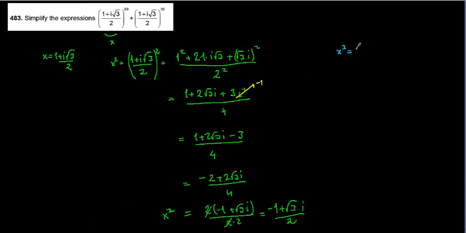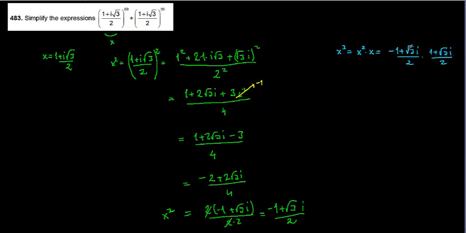What is x cubed? x cubed is equal to x squared times x, which is equal to (minus 1 plus √3 i)/2 times (1 + √3 i)/2.